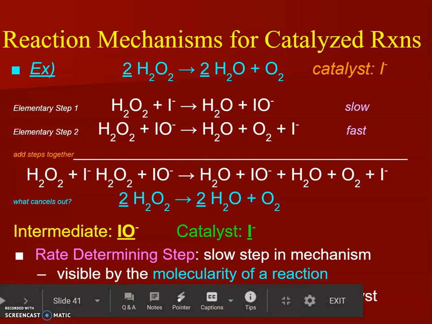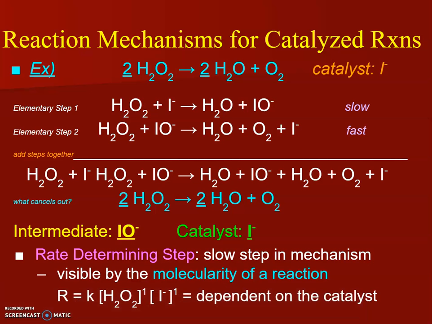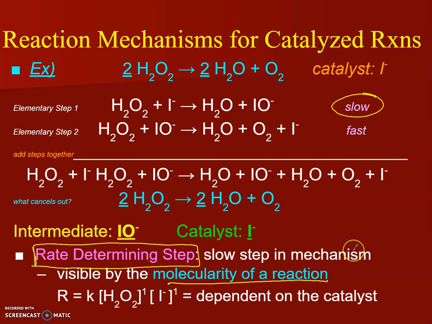Overall, we end up seeing that this is going to have an intermediate and a catalyst, and most importantly, this slow step is going to dictate that rate determining step. You can see the molecularity of the reaction, which means the molecules that are involved in the reactants, in order to figure out what it's going to be.